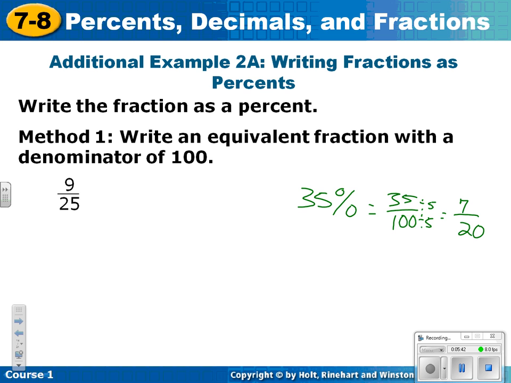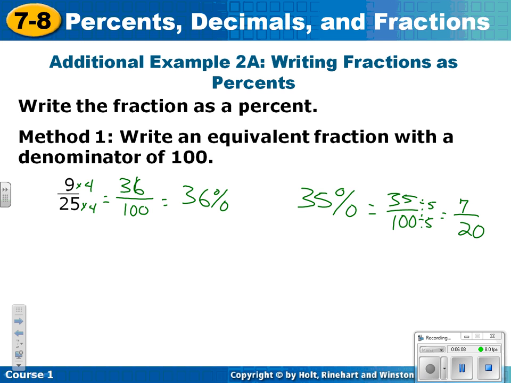The first way that works some of the time is simply getting the denominator to be 100. So multiply this times 4, this times 4, and we end up with 36 over 100, which is 36%. Everyone follow that?